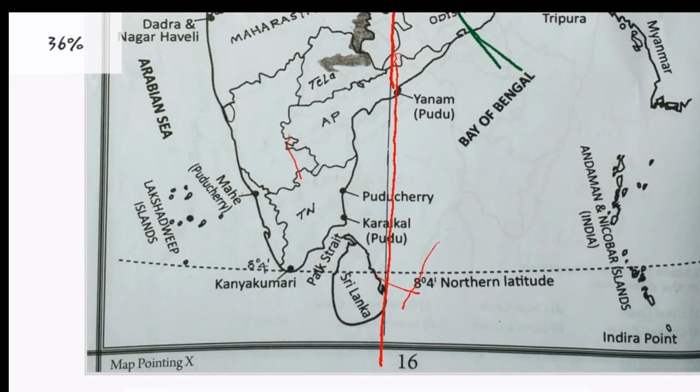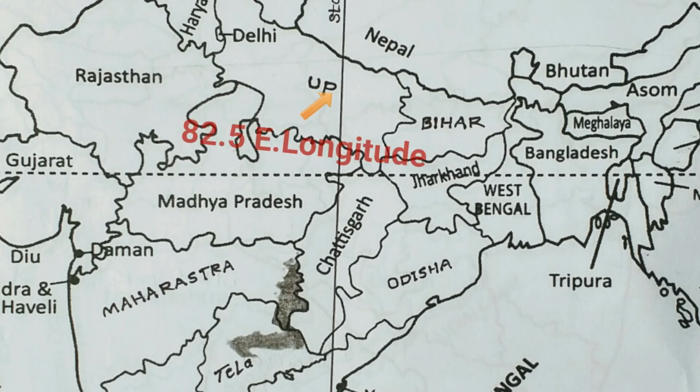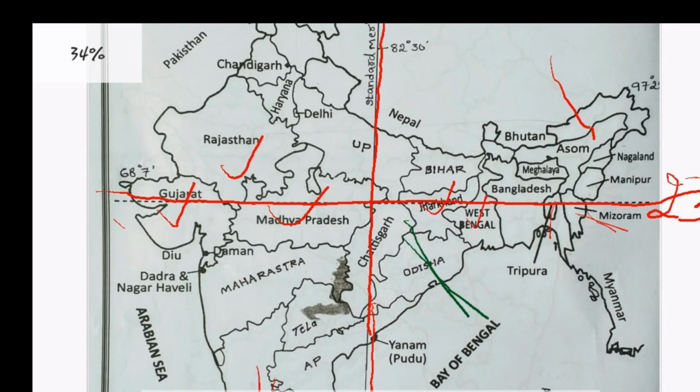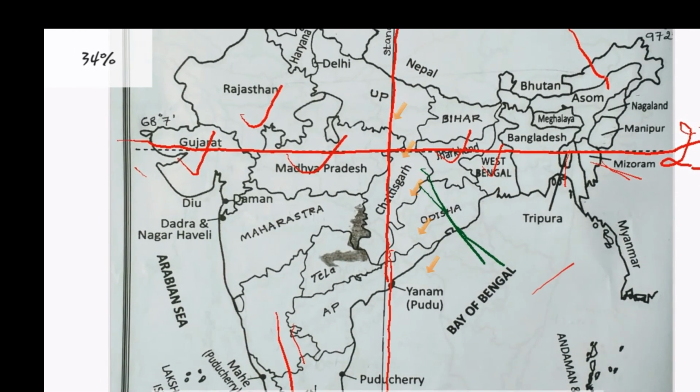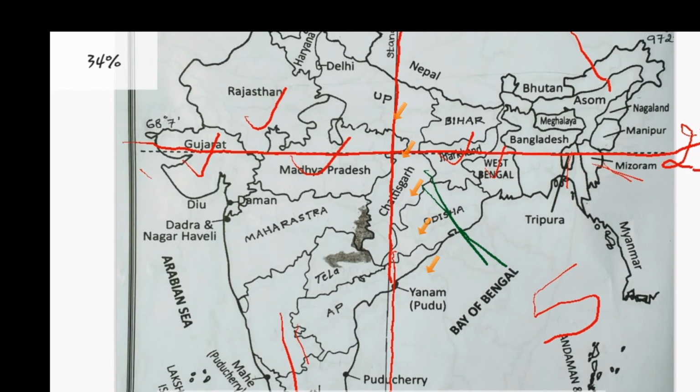So this line, the 82½ degree eastern longitude line, passing through 5 states. 5 states. So what are they?